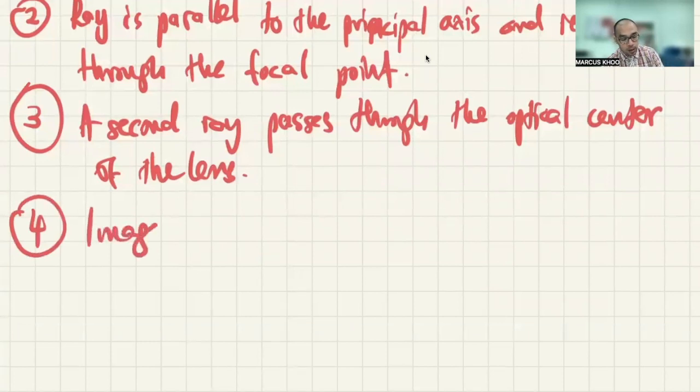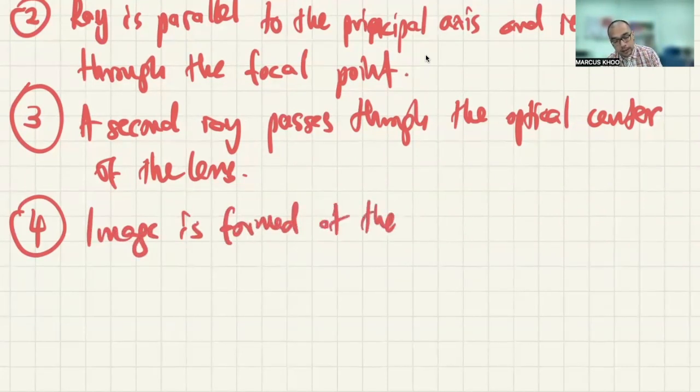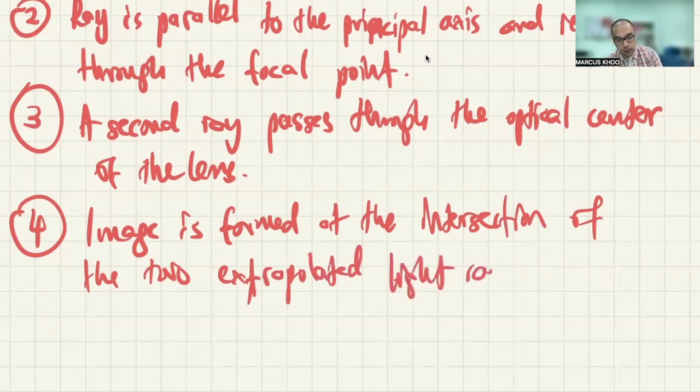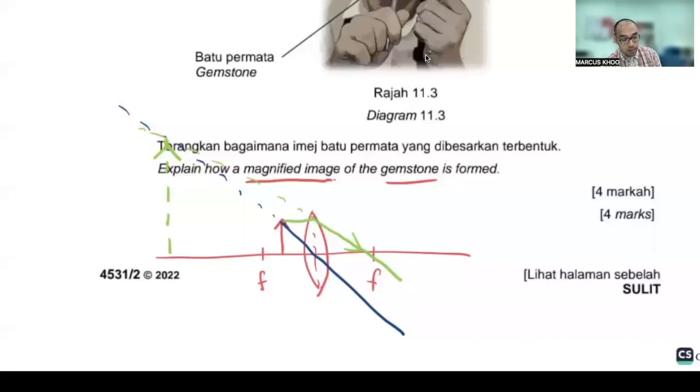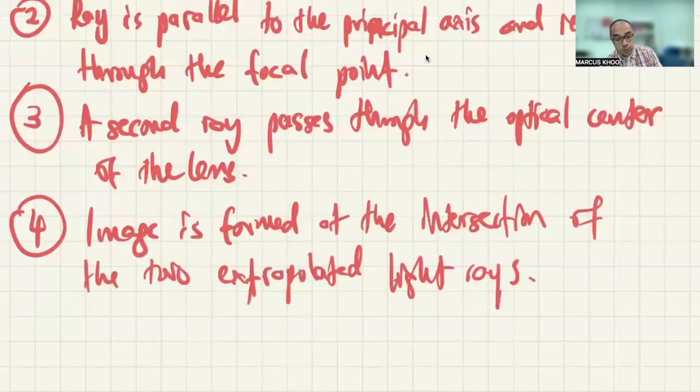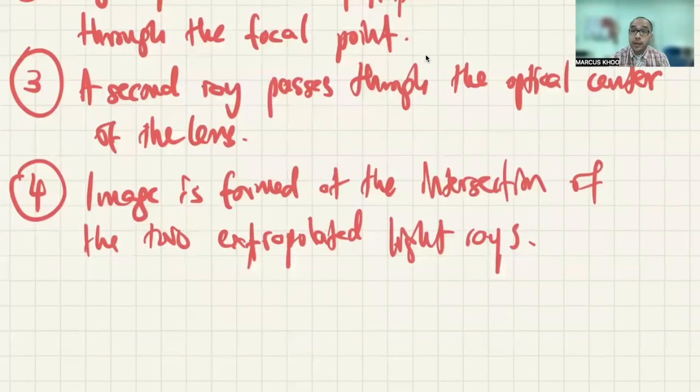The image is formed at the intersection of the two extrapolated light rays. Extrapolated means the part at the back, which is extended backwards. So the intersection between the two light rays gives you the formation of the image.